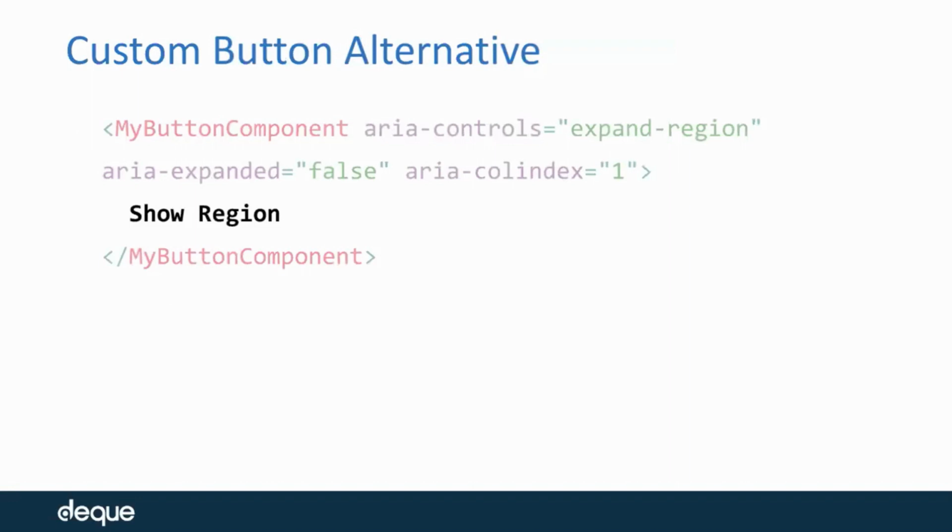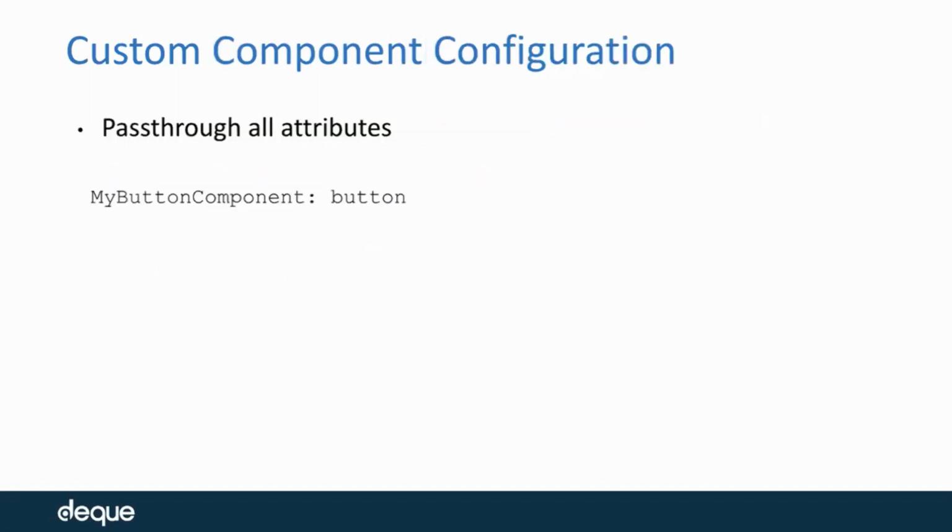The other way you could do a custom button is to actually allow the button name to come from the content itself. In that case, you can really do a shortcut, which is you can just do my-button-component: button. What that says to the linter is, every attribute that the user uses on this element, I want you to pass all those attributes through.